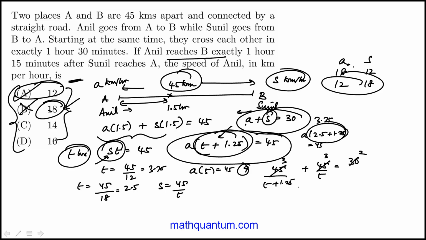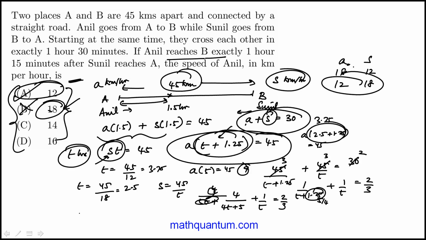So we get 1 over T plus 1.25, I'm going to write this as a fraction. So that becomes 4 over 5T, 4 over 4T plus 5. I'm going to do this as quickly as possible, so I might be skipping some steps.